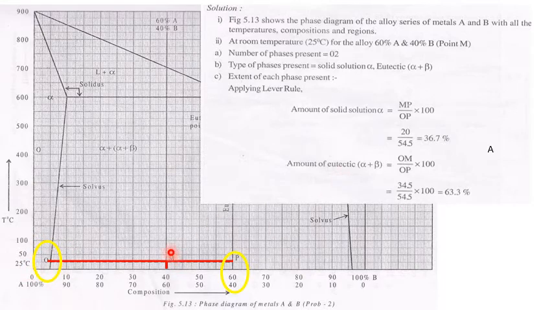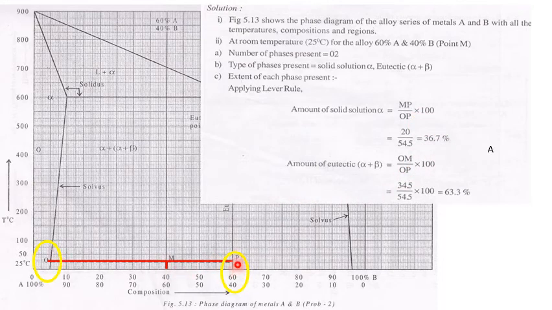The number of phases present at M is two: one is alpha and one is alpha plus beta. So how to find the amount? To find the amount of solid, we need to stand at alpha. The length of the opposite arm is MP divided by OP, that is, the amount of alpha is equal to MP divided by OP into 100.